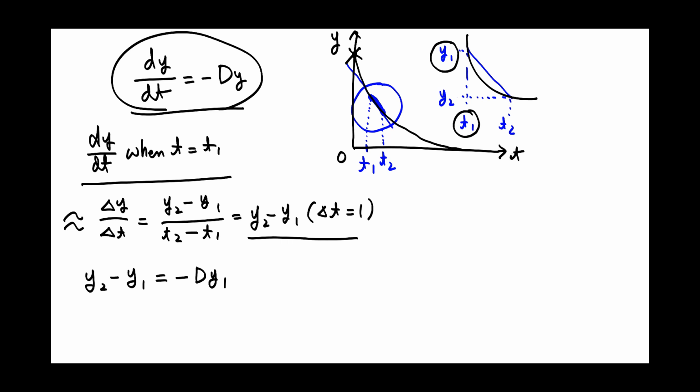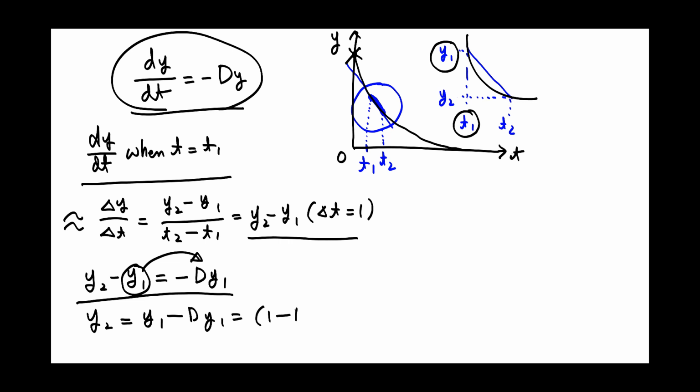So we have y1 here. Now, let me rearrange this equation a little bit. We have y2 equal to y1, we just move this term to the right, and we have minus D y1, which is equal to 1 minus D times y1.